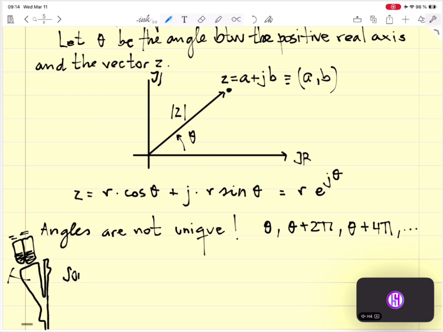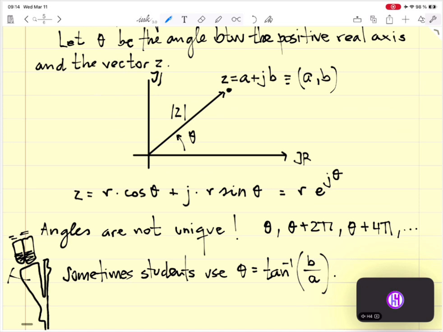Sometimes students use theta as the inverse of the tangent of b divided by a.